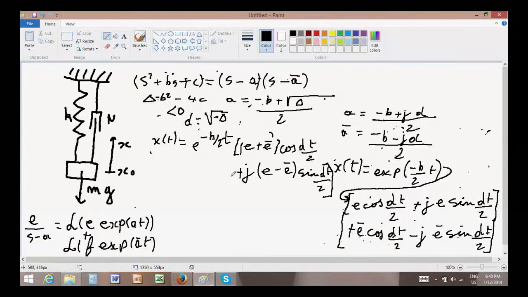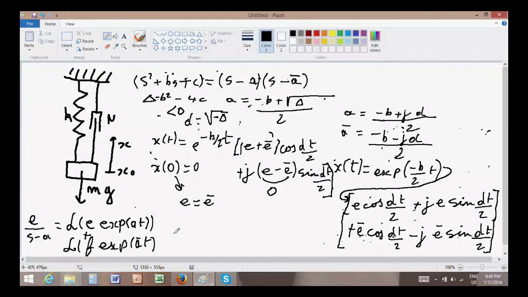Now, for that particular experiment of interest here, we need to have x dot of 0 equal to 0, which means that e must be equal to e bar, and this guy is 0.